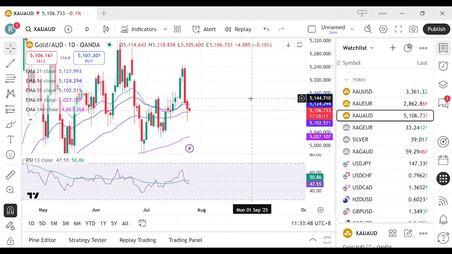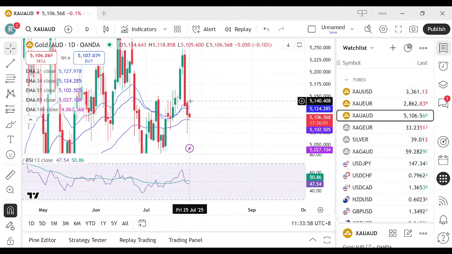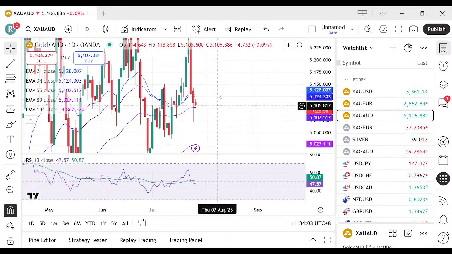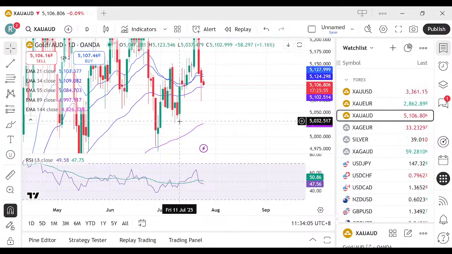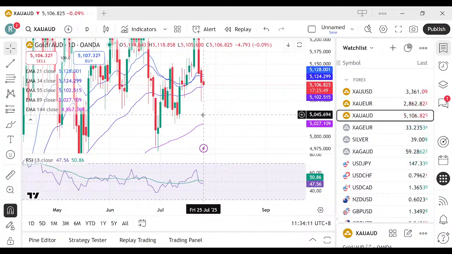So as far as today's high is concerned, we should not see the price go beyond 5192 or an extension of this level, and we should see the price today breaking this low. If it breaks, then we should see the price heading towards 5036. So maybe we'll take it as 5040 as our final target for today.